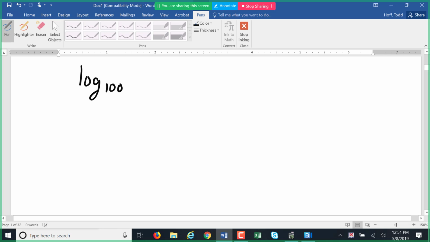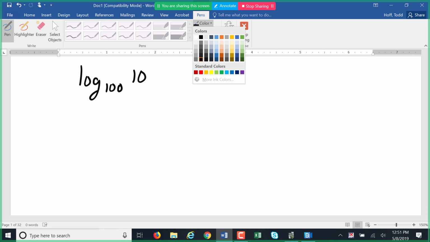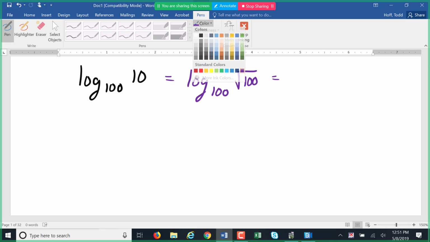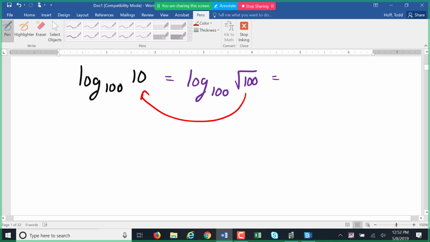Log base 100 of 10 can be thought of as log base 100 of the square root of 100. Where did the square root of 100 come from? Why is that going to be equivalent? Because the square root of 100 is equal to 10. Remember, square root of 100 is a root with an index of 2, even though we don't write it in. So that ends up being 1/2.